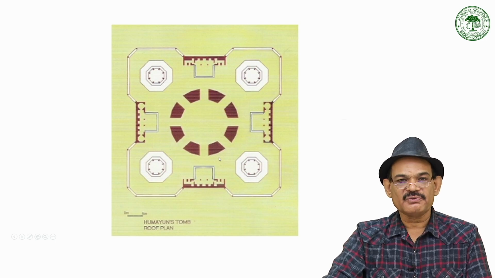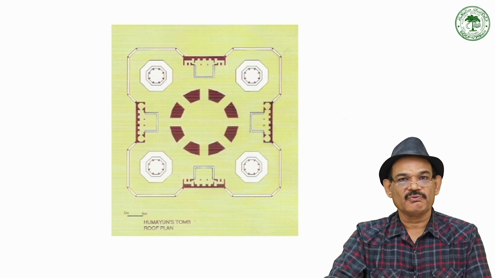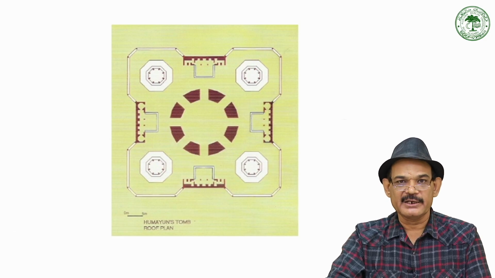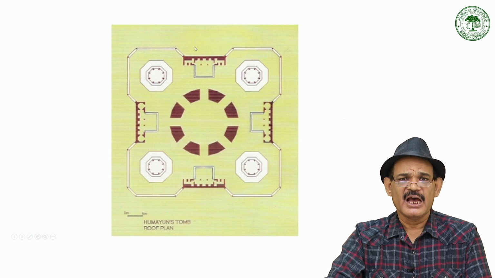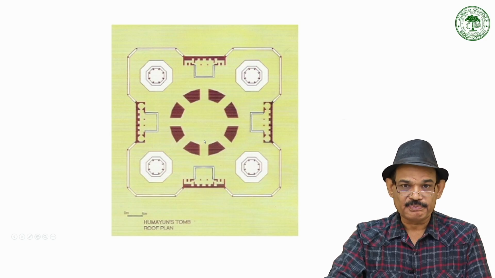In the first phase of transition, squinches have been used, and since the central chamber is octagonal, the first phase of transition got eliminated in itself. The second phase of transition has been achieved with pendentives, and this octagonal chamber at the upper side provides an almost circular rim, above which the huge dome was placed.